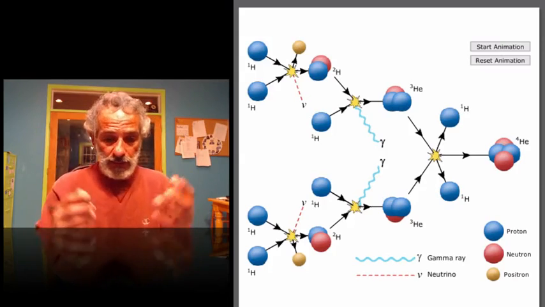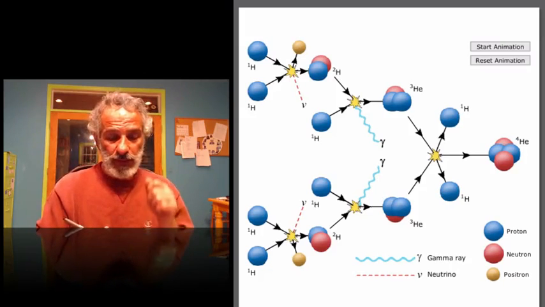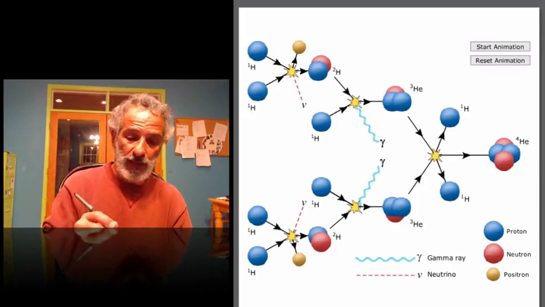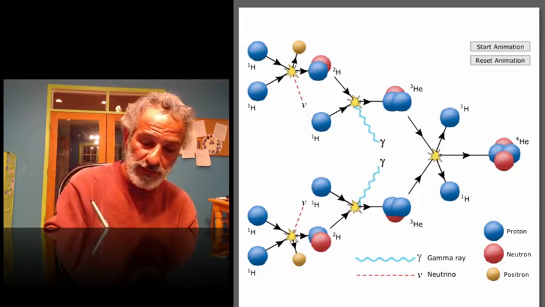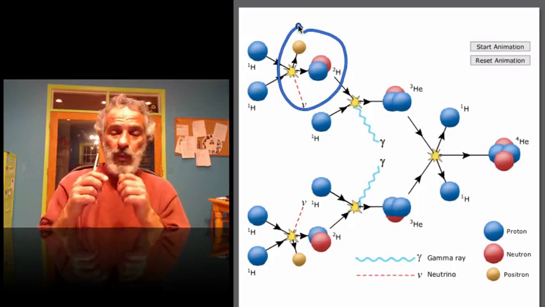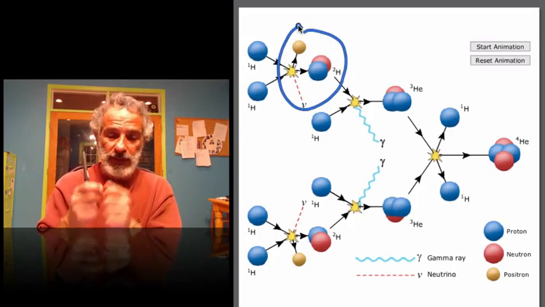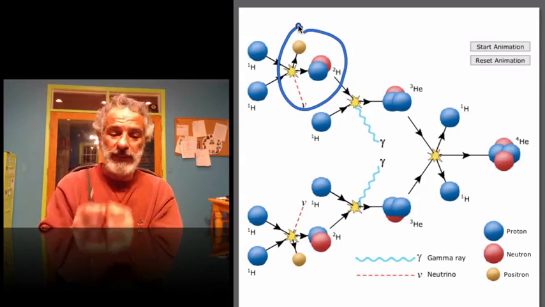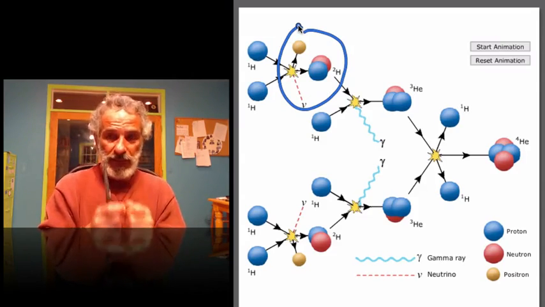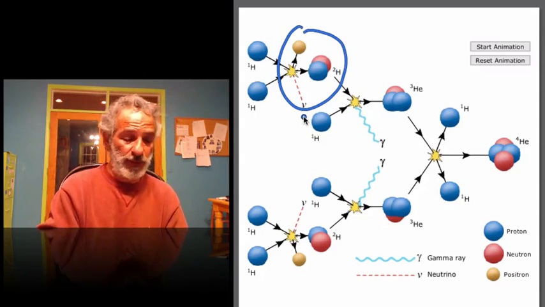We don't find helium-2 anywhere, but once in a long while, and this is the insight of Hans Bethe that really told us how the sun produces its energy, once in a long while, while this ephemeral helium-2 nucleus exists, one of the protons is able to beta decay, or positive beta decay, becoming a neutron and emitting a positron and an electron neutrino.